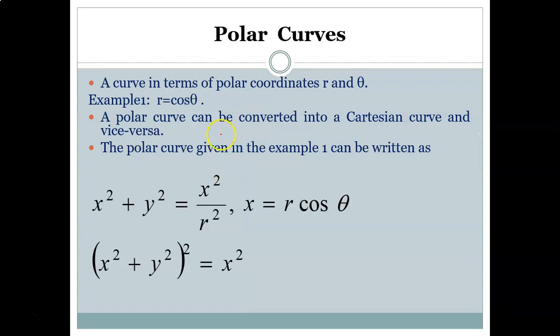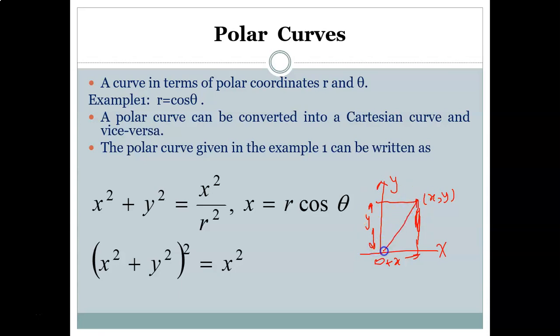So next is the polar curve. What is the polar curve? You know the polar coordinates. Suppose you have the x-axis here, origin, y-axis, and you are representing one point x, y here. So x means this distance along the x-axis, and y means this distance along the y-axis.